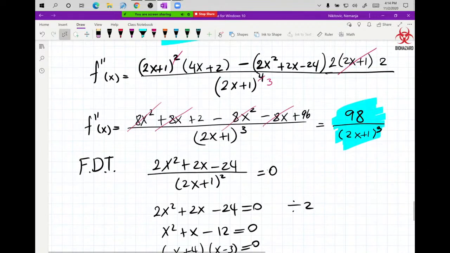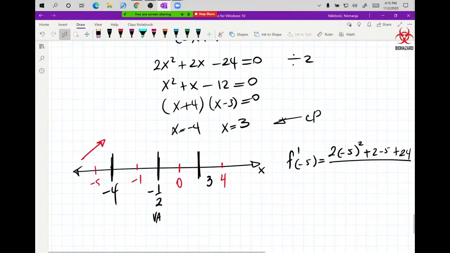I mean, it's not going to change anything because it's squared, but still 2 times -5 plus 1 squared needs to be there because that's the entire thing for the first derivative. So now, first derivative test. We already determined that the number on top is positive because -5 squared is positive 25.